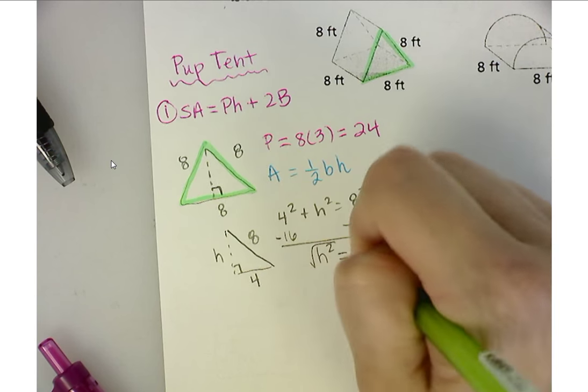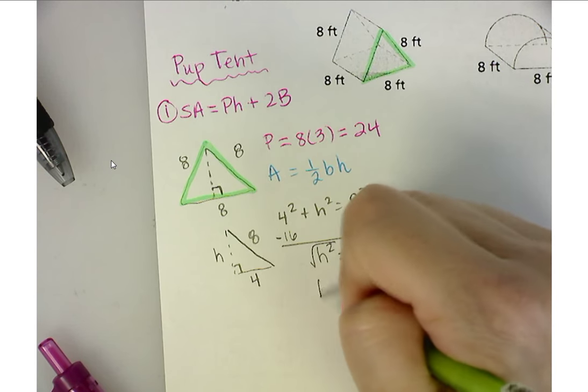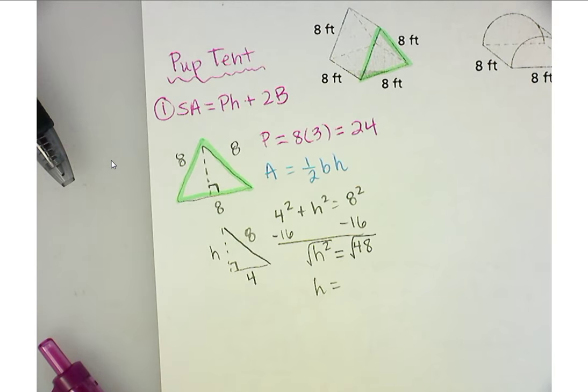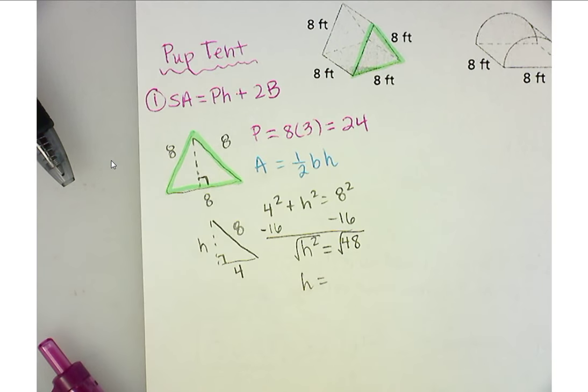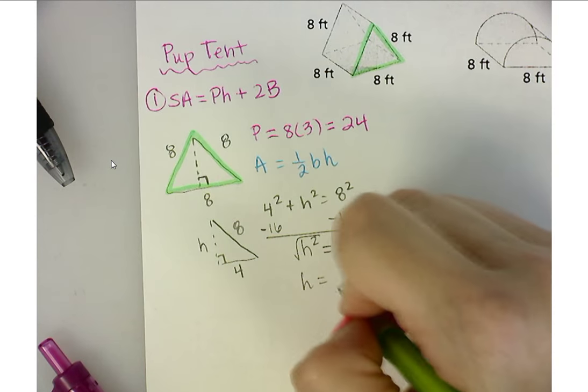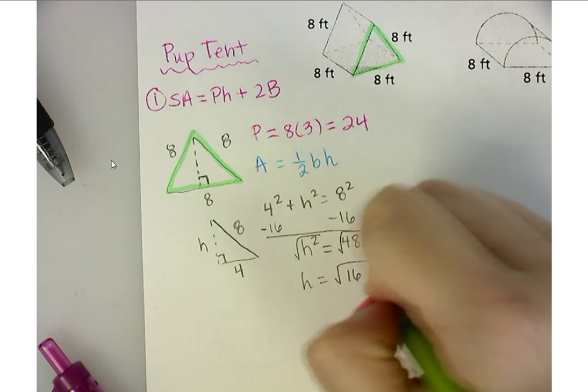And I want to keep this as exact as possible, so I'm just going to leave this as a simplified value. Do you guys know the biggest perfect square that goes into 48? 16. 16 times 3.